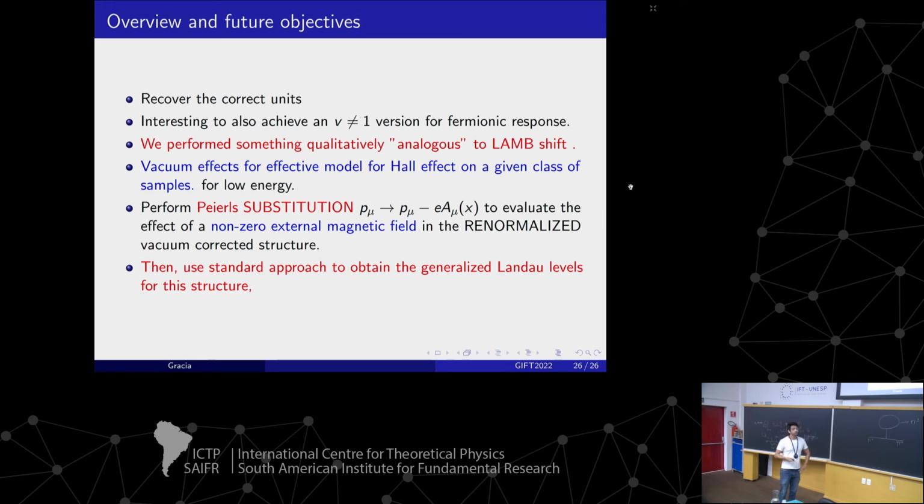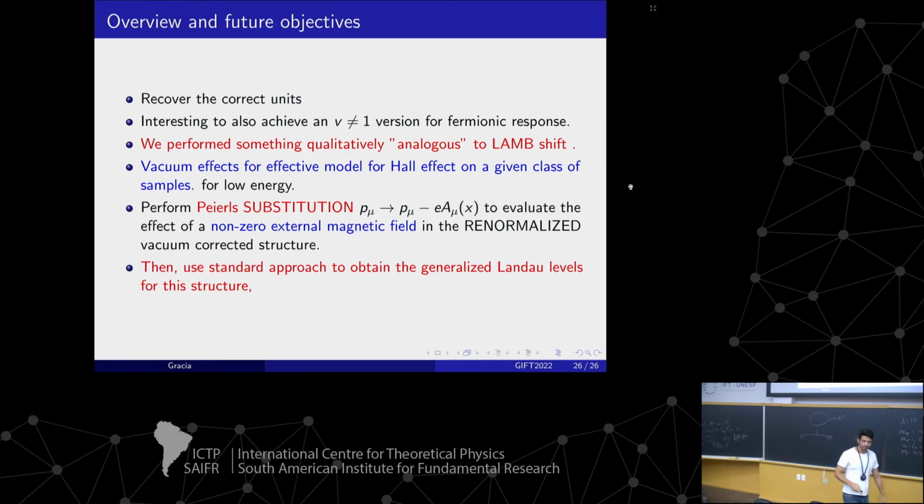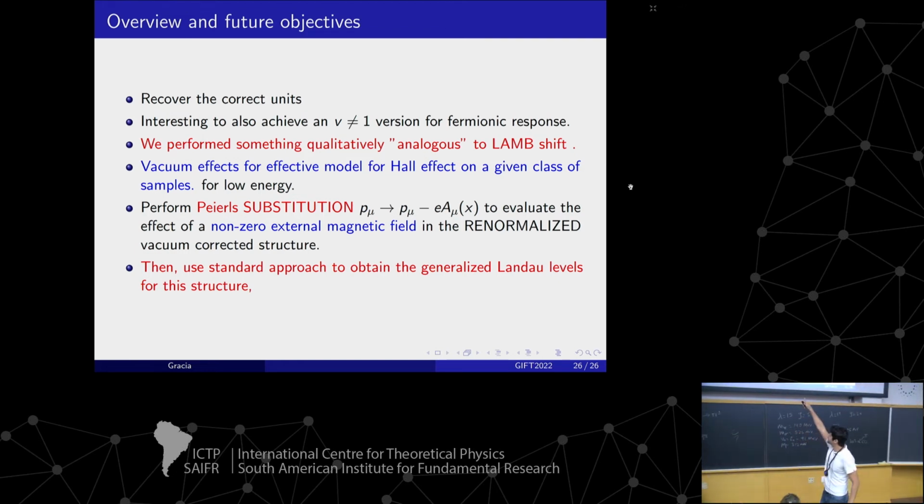It's important to recover the correct units. We are used to working with natural units, but we lose a lot of physics. It's a very good exercise to recover the units to achieve the Lorentzian breaking part, and that's all.